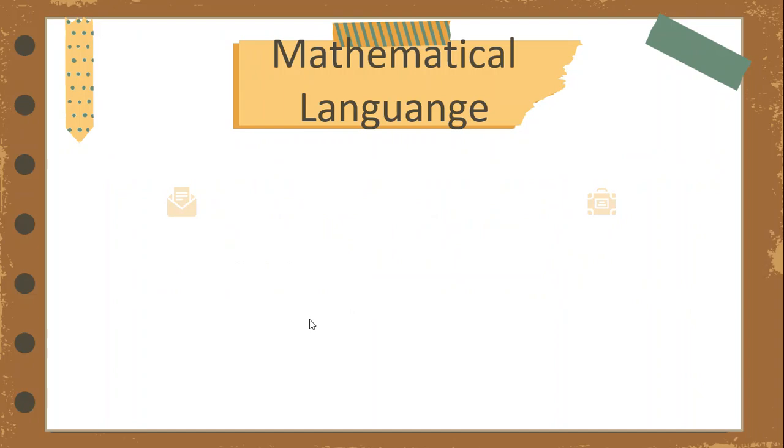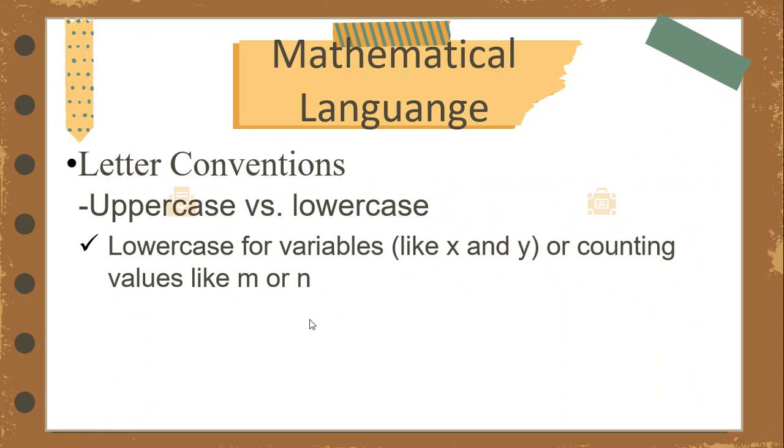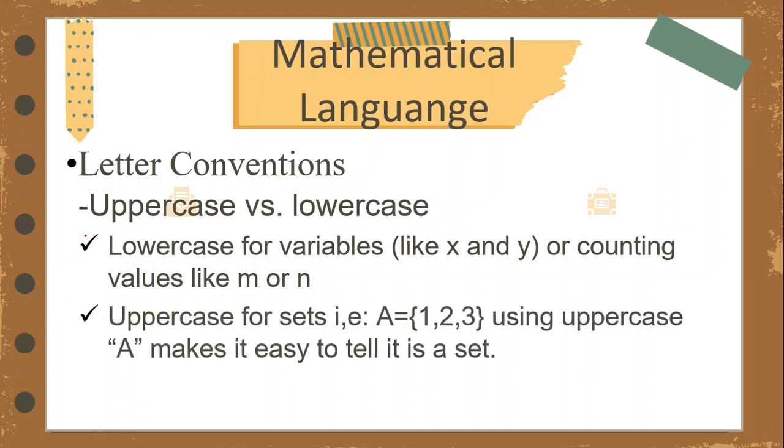Next is the mathematical language letter convention: uppercase versus lowercase. We use lowercase for variables like x and y, or counting values like m or n. However, uppercase is used for sets.